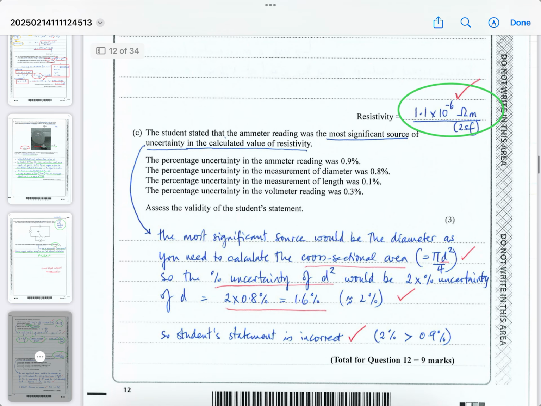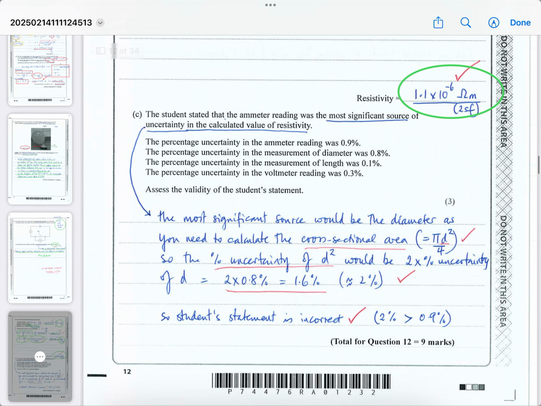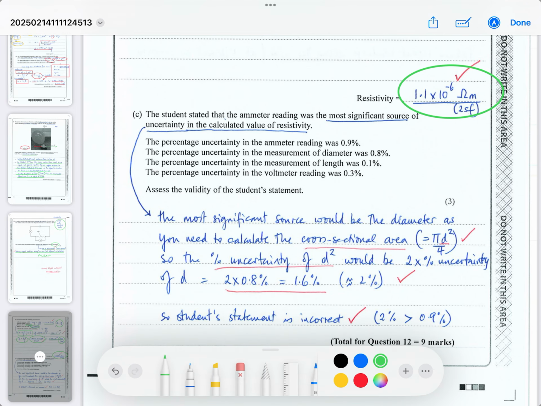They have not given the uncertainty of the area, but they've given the uncertainty of the diameter. So the uncertainty of the area is linked to d squared, so it's going to bring that 0.8% in twice. This is the key to this question.